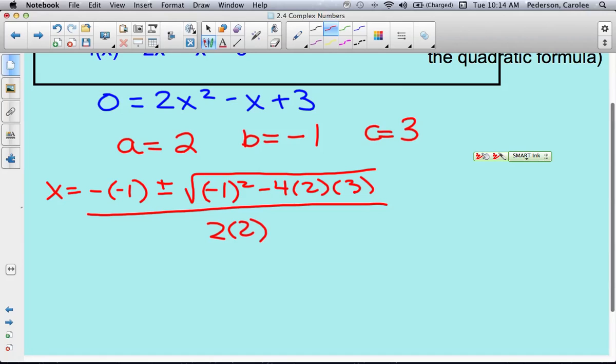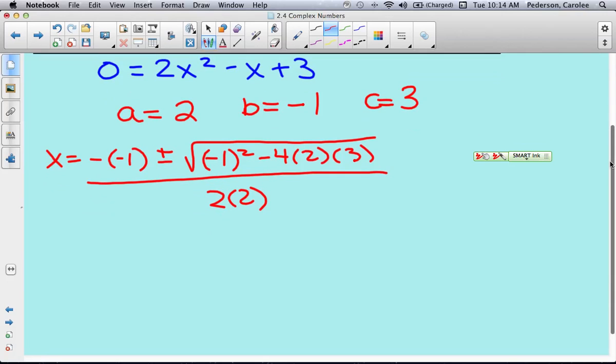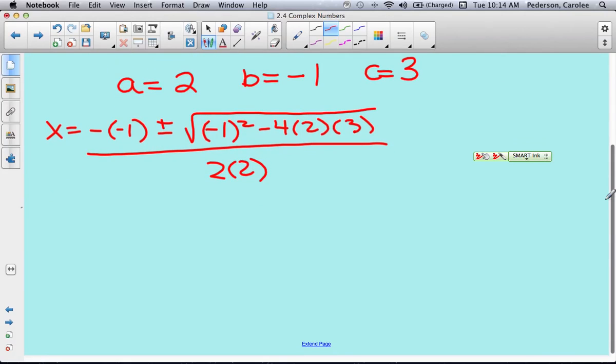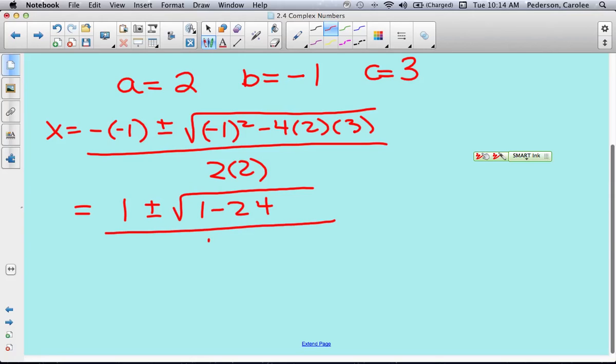And now we have some reducing to do. Be careful on your signs on this problem. Negative, negative turns that to a positive 1. And then negative, negative turns it to a positive 1. And then negative 4 times 2 is negative 8, times 3 is negative 24, over 4.